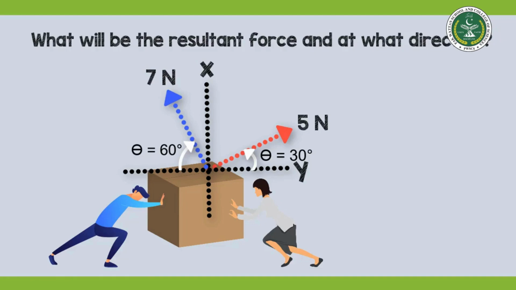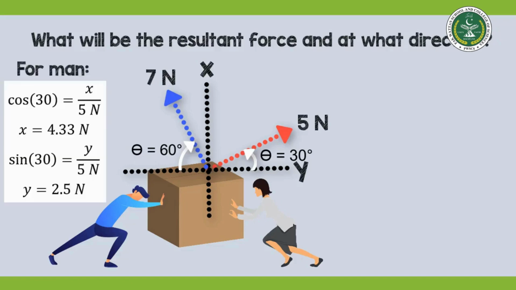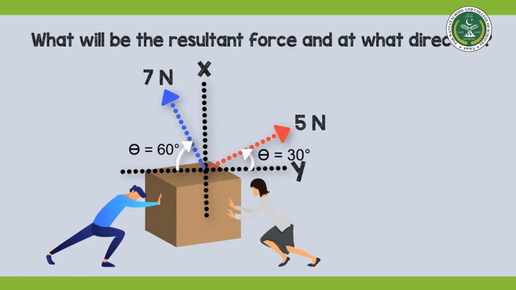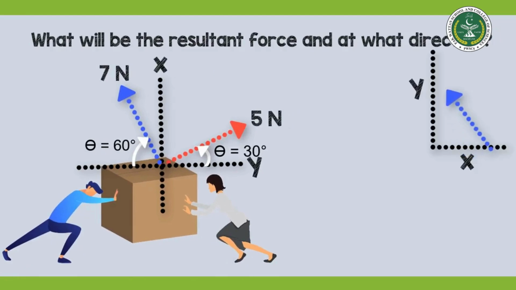To solve this, we need to resolve the x and y component of both vectors. From the previous example, we have the x and y component of the vector 5 Newton at 30 degrees counterclockwise from the positive axis. These are x component 4.33 Newton and y component 2.5 Newton of forces. We need the other vector, and let's view this as a right triangle.